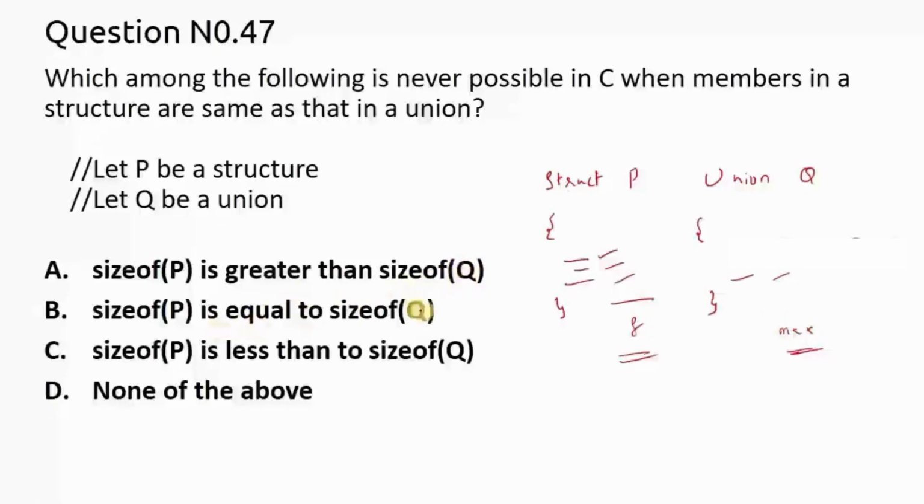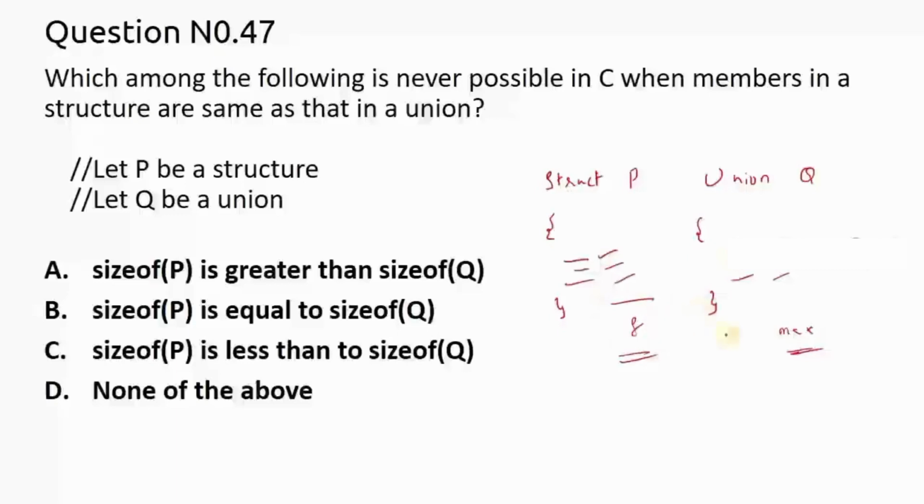And size of P is equal to size of Q. This may also be possible if there is only one member here and only one member here, then it is also possible. So size of P less than size of Q: it will never happen. Why? Because even if you have only a single member, it will be equal.